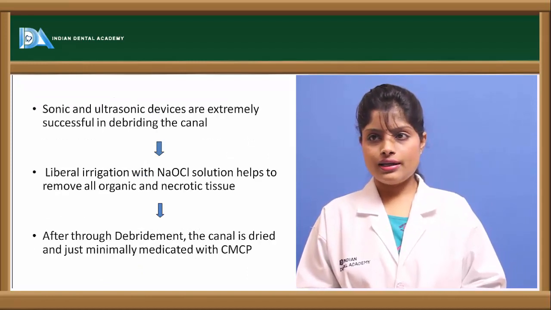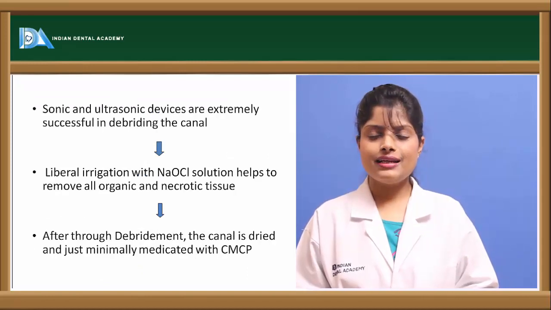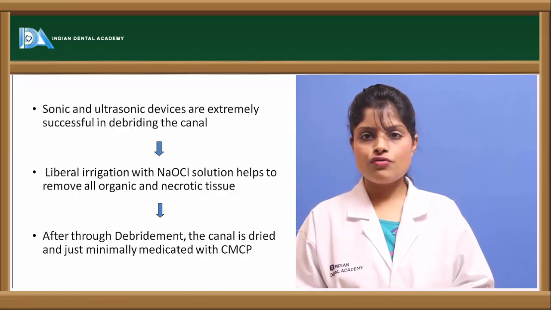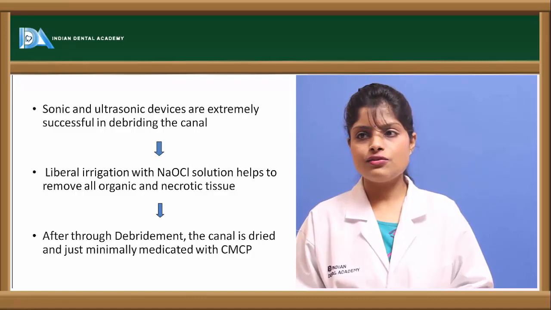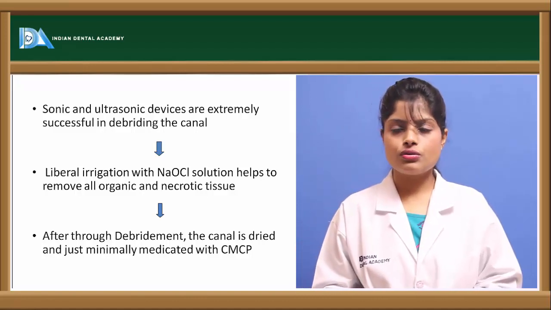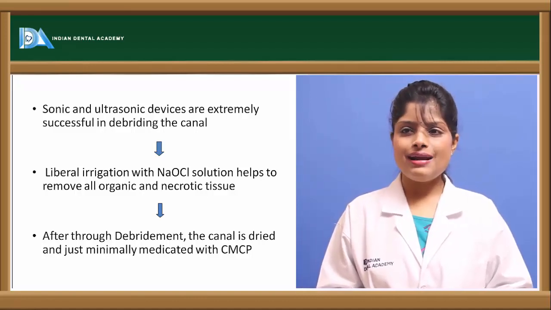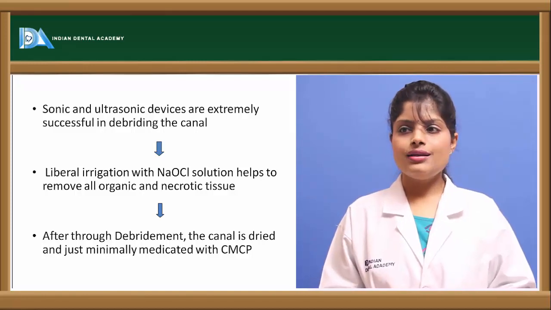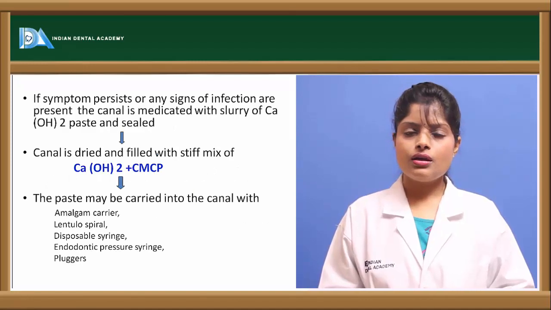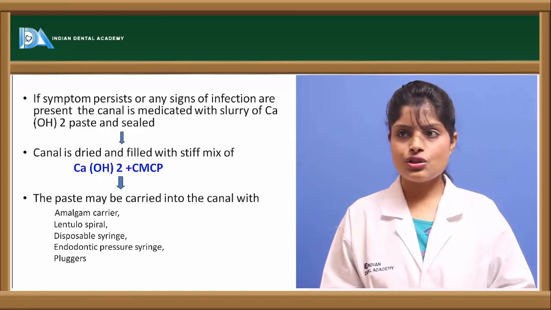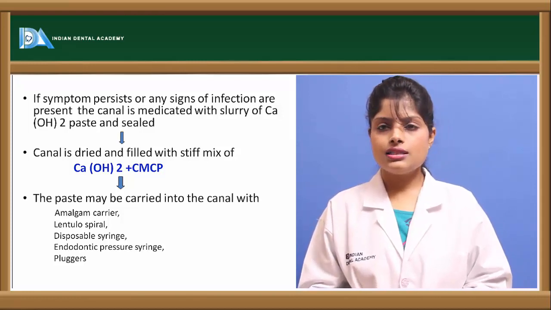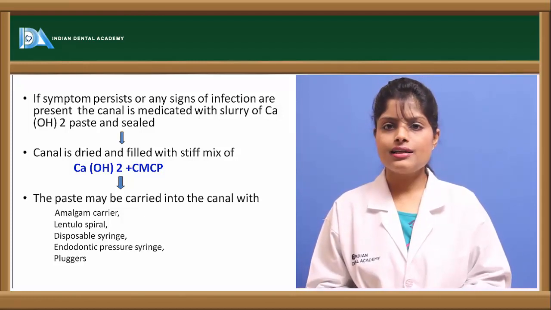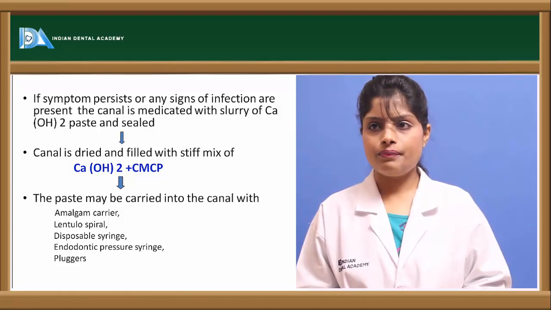Sonic or ultrasonic instruments are used for debriding the canal. Liberal use of sodium hypochlorite to flush out all the effervescent debris from the canal can also be done. The debridement of the canal is dry and just minimal with CMCP. If the symptoms persist or any signs of infection are there in the canal, a slurry of calcium hydroxide is sealed in the canal.